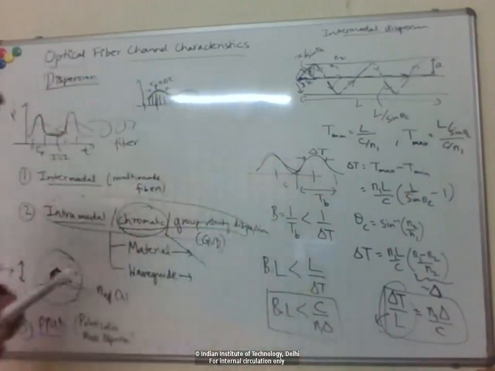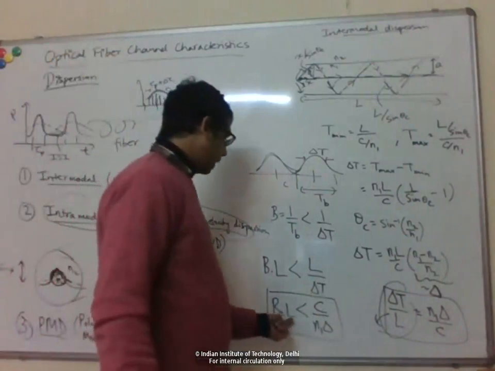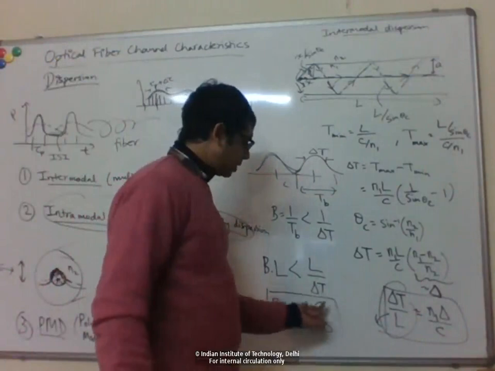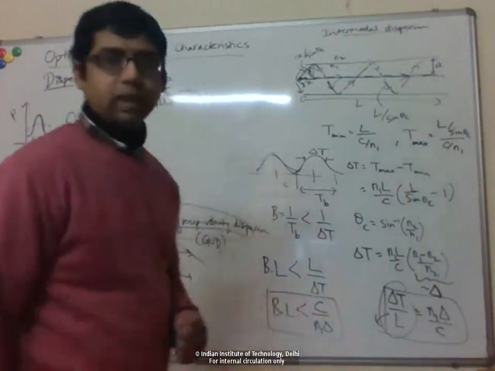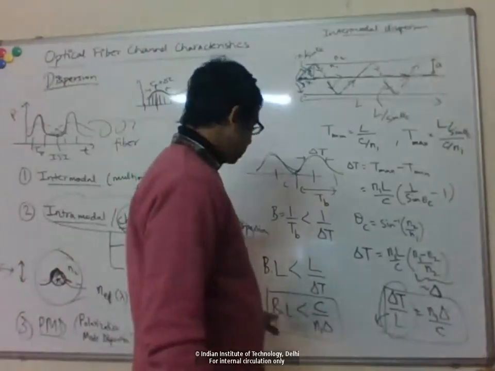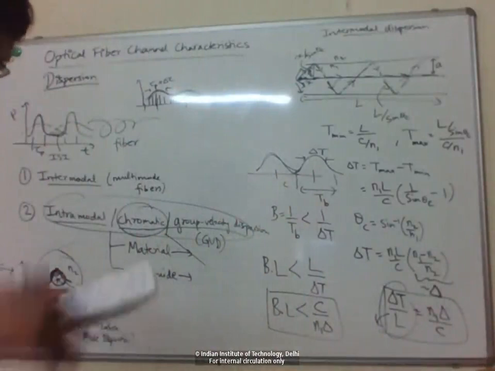So this figure of merit, the bit rate times the link length, is limited by this quantity, which scales as 1 over delta. That's why a smaller delta helps you increase the data rate or the link length.